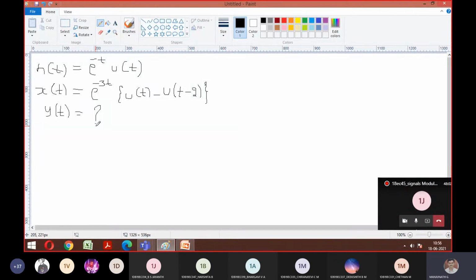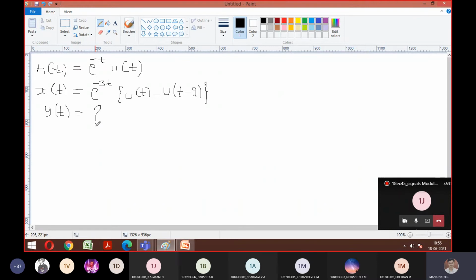So this is the second type, because in the first type it was generalized. They were not given any specific value of a. So here they are given a as 3. You can look at the comparison. It was e power at in the previous problem. Now it is e power minus 3t. So a is nothing but 3 now. And similarly they are given u of t minus u of t minus 2. It means you need to end the signal at some particular point.